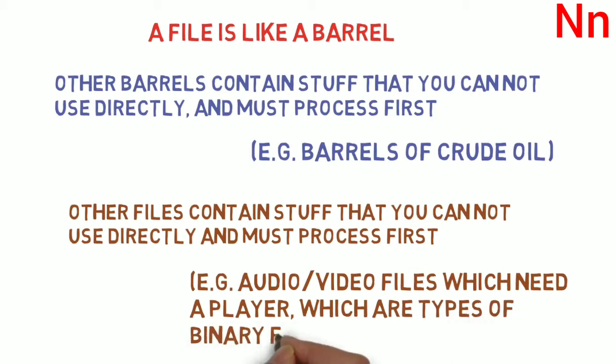These have to be processed and understood before they can be played on a player. The format and the processing can differ based on the type of the audio or video file.